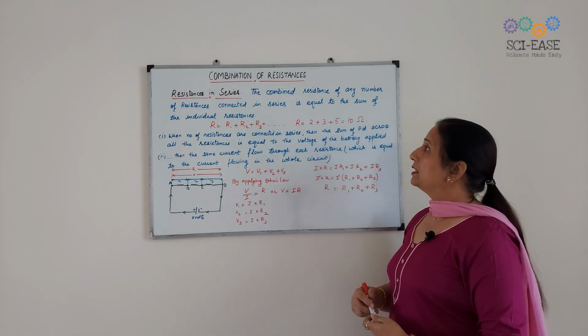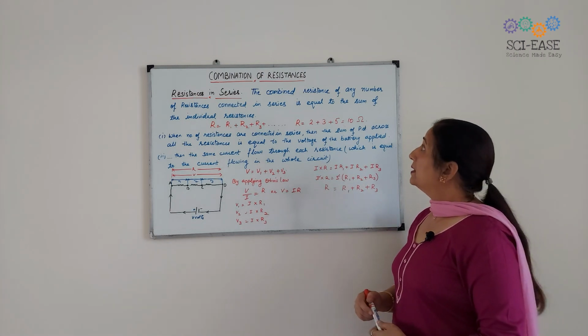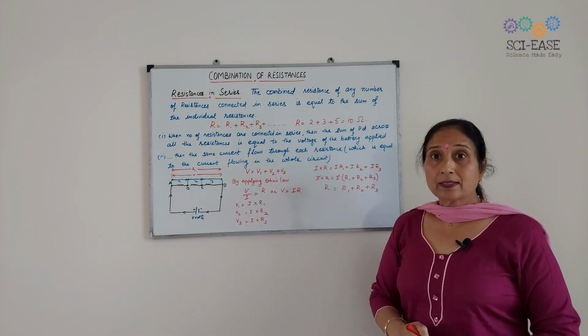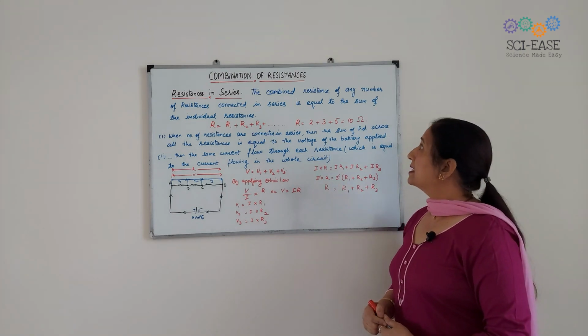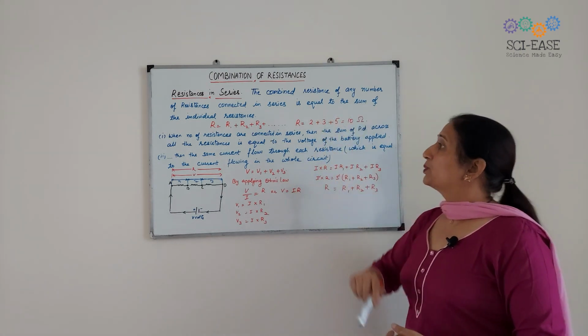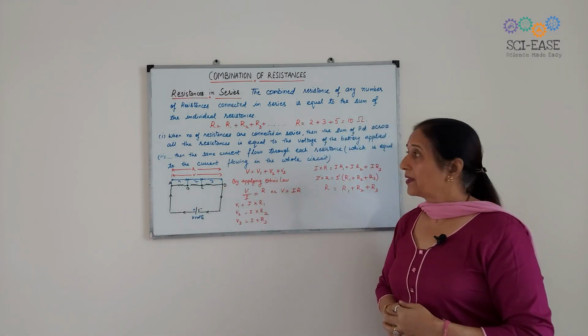Now, first we will do resistances in series. The combined resistance of any number of resistances connected in series is equal to the sum of the individual resistances.